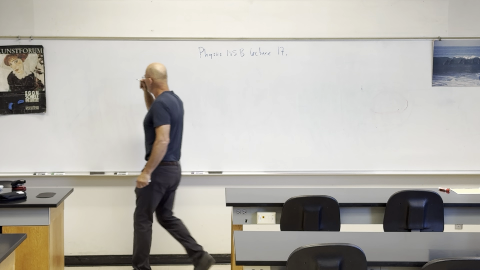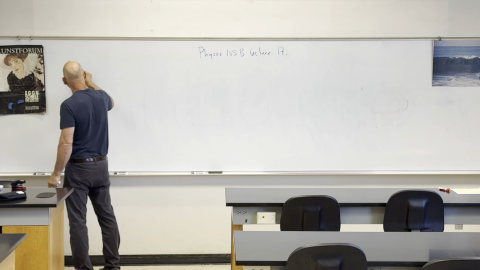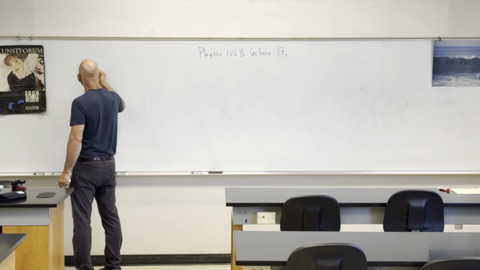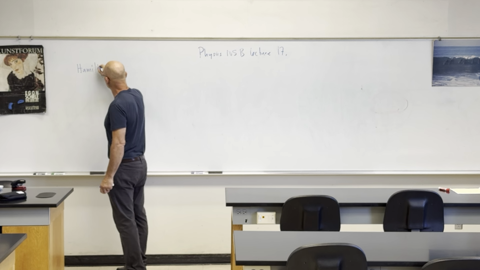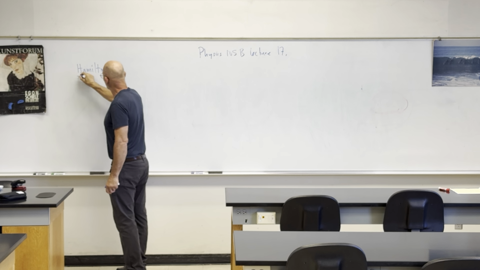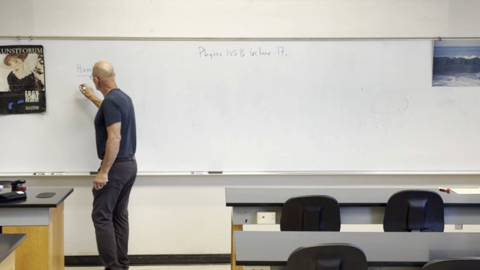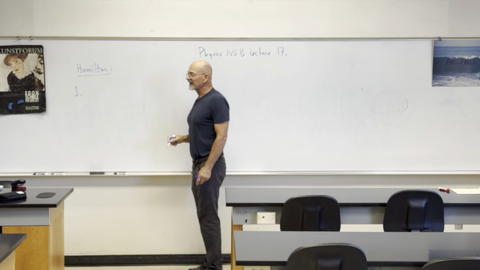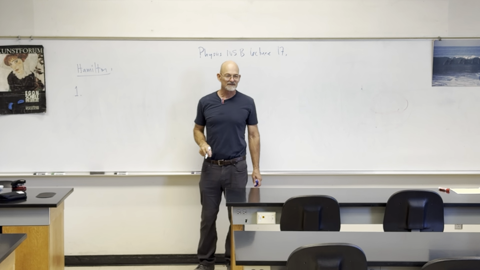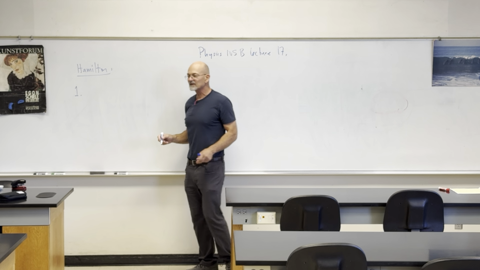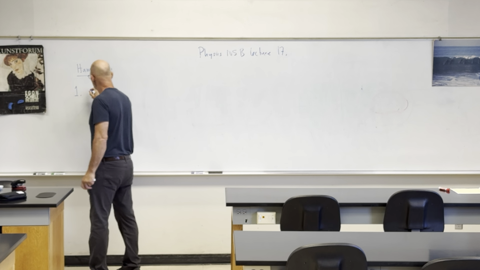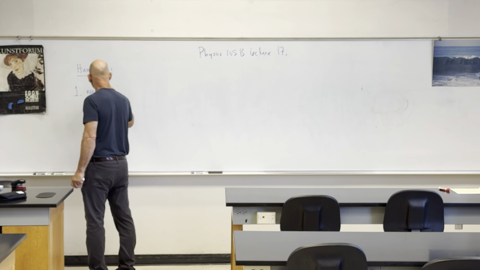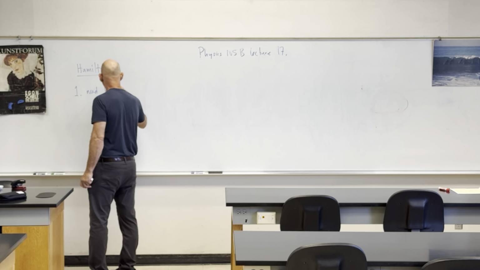Okay, so to do Hamiltonian mechanics, you have to have Lagrangian mechanics. I'm just going to write Hamilton here, and I'll remind us of those steps. The first thing is you have to look at your mechanical system and construct the Lagrangian for the mechanical system.